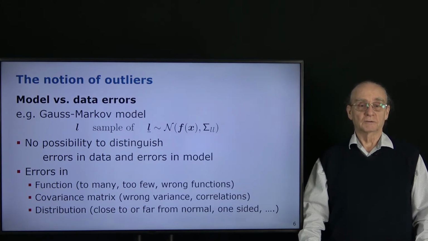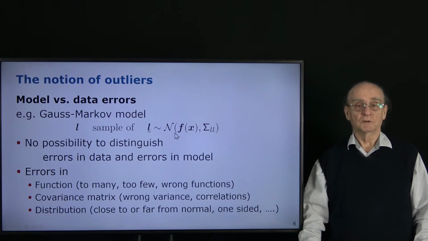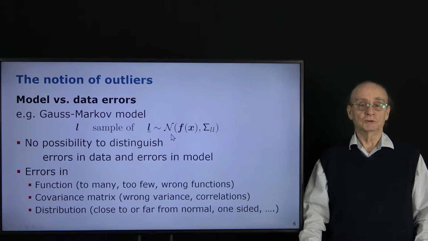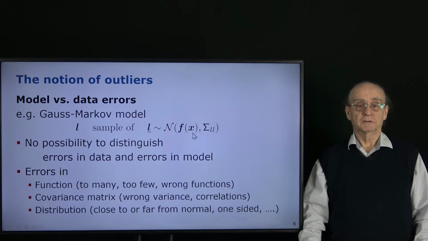These are fixed values, and we assume they are a sample of some random vector L, which is distributed following a normal distribution, which has a mean that depends on unknown parameters x. We know the function f, so we know the functional relationship between x and L. And there is some covariance matrix which describes the noise generating process for getting the random variables L.